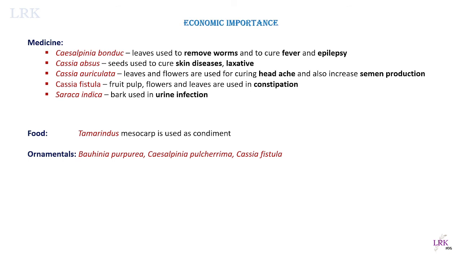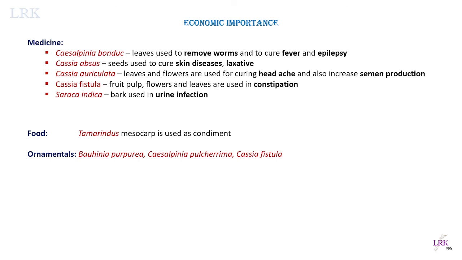And Cassia auriculata, leaves and flowers are used for curing headache and also increase semen production. In Cassia fistula, fruit pulp, flowers, and leaves are used in constipation, and Saraca indica, bark is used in urine infection. And Tamarindus mesocarp is used as a condiment.